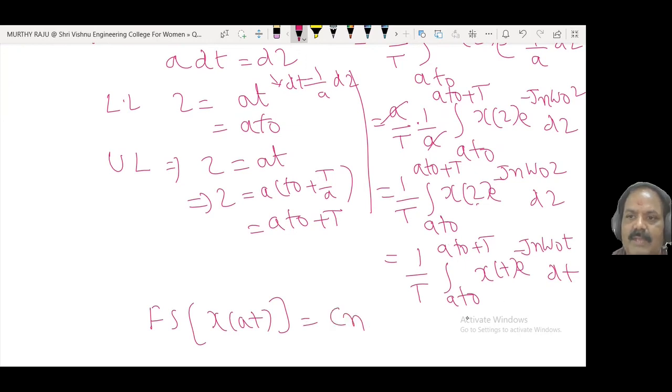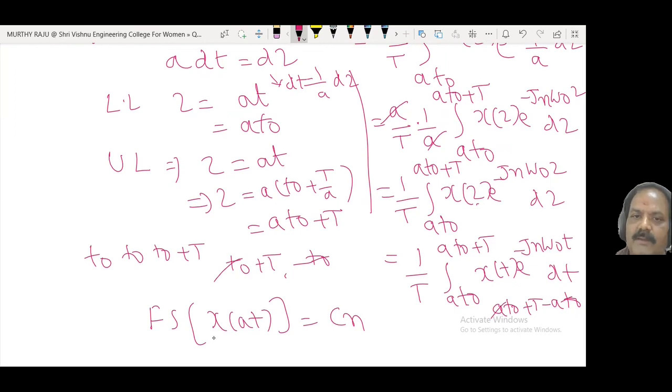The time period is the same. The time period is the difference between these two limits, a t naught plus T minus a t naught, which is T. Here also a t naught plus T minus a t naught. Therefore, the time period is T.